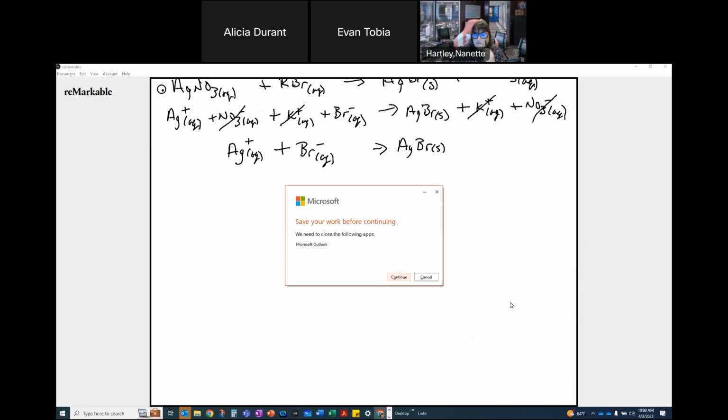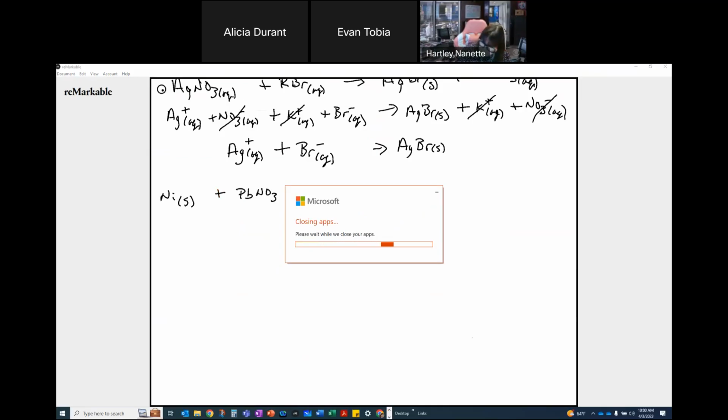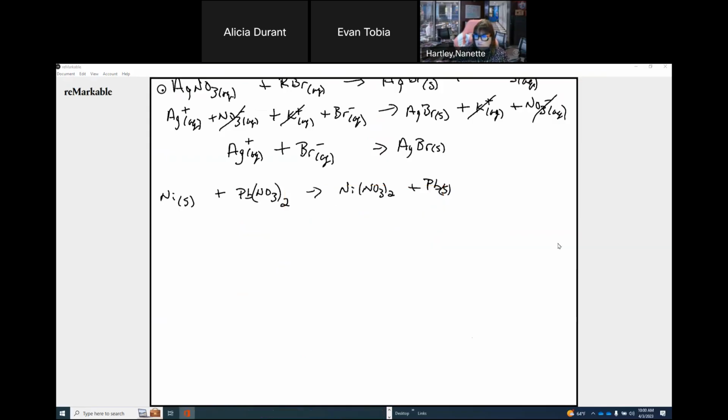Number 5. Nickel solid plus lead nitrate to yield nickel nitrate plus lead.